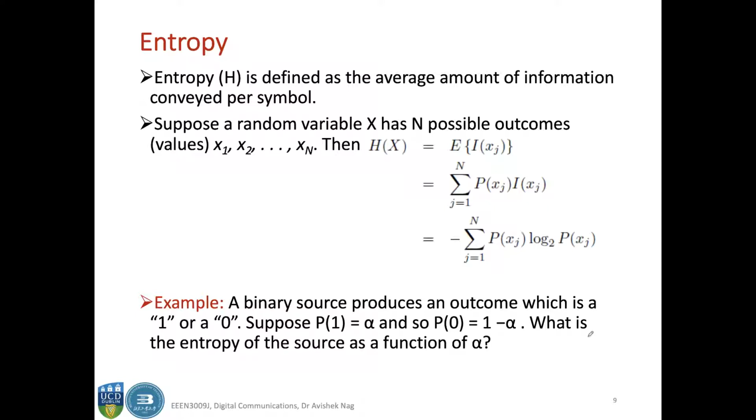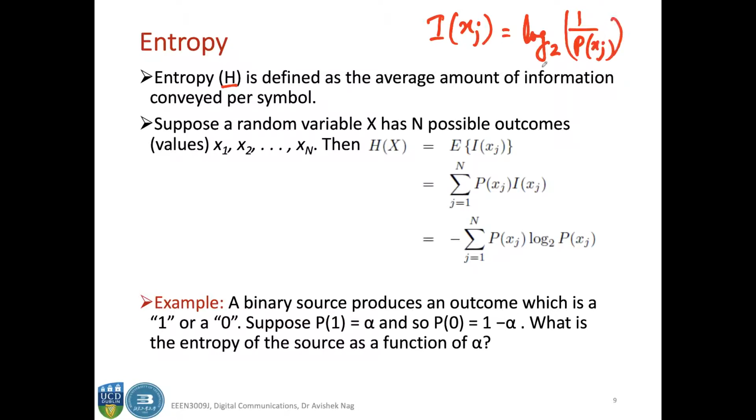Entropy, denoted often by the symbol H, is defined as the average amount of information conveyed per symbol. As you saw, information itself is a random quantity, because it's a function of the probability.